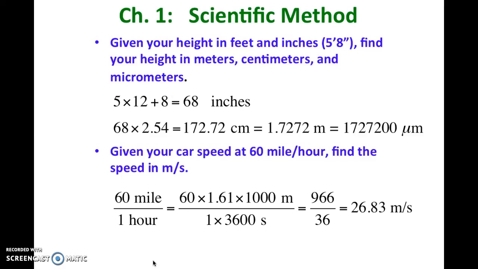Dividing 172.72 centimeters by the factor 100, we have 1.7272 meters. Multiplying 10 to the 6 by 1.7272 meters, we have 1.7272 times 10 to the 6 micrometers, because 1 meter equals 10 to the 6 micrometers. So we use that factor to complete the unit conversion.